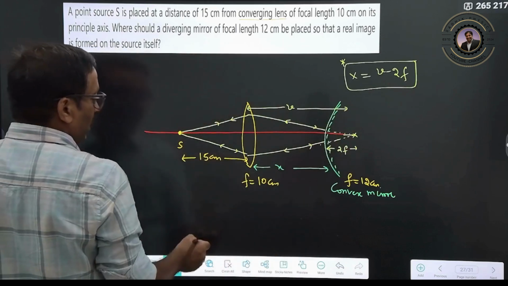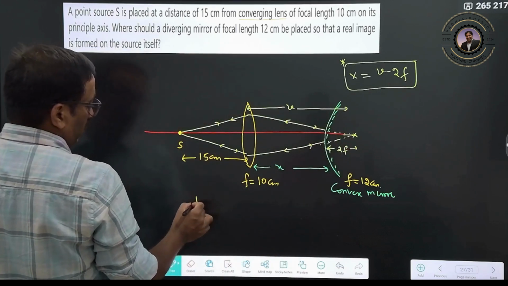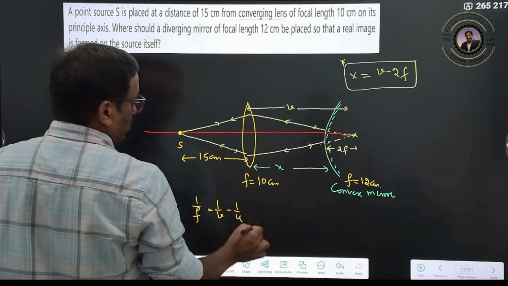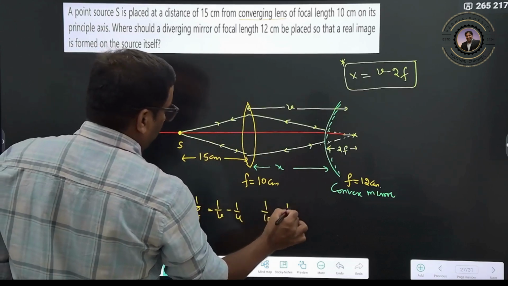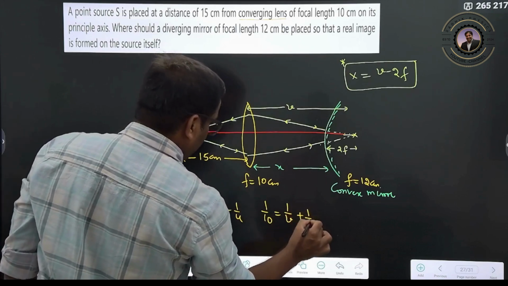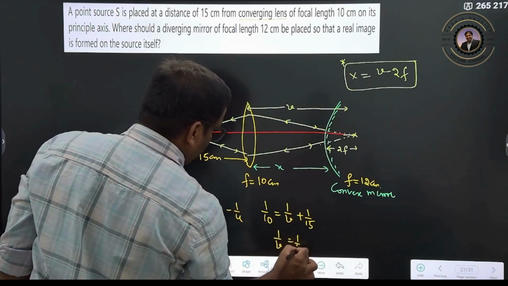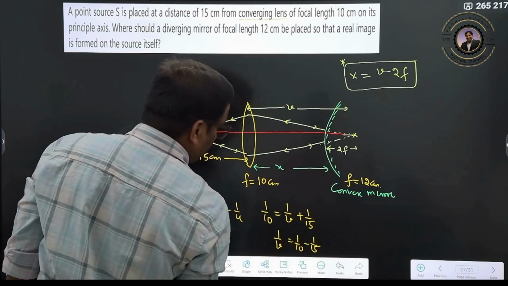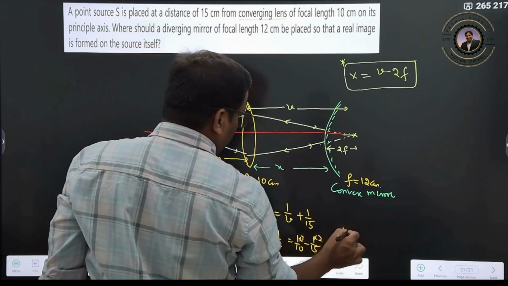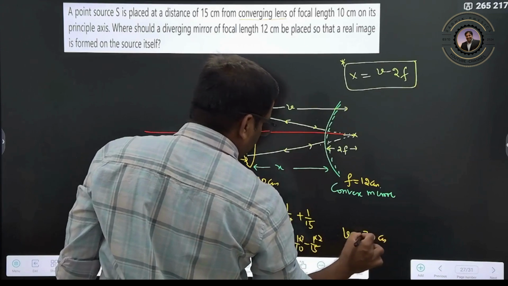So we want to calculate v. Here 1 by f is equal to 1 by v minus 1 by u. So 1 by 10 equals 1 by v minus of minus 1 by 15. Therefore 1 by v equals 1 by 10 minus 1 by 15. So 30, therefore 3 minus 2. So v is equal to 30 centimeter.